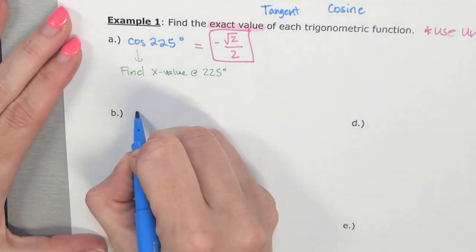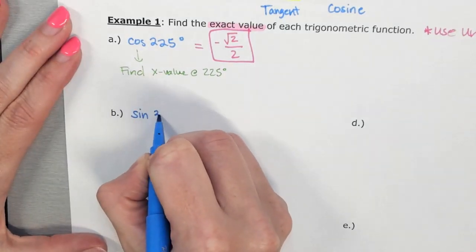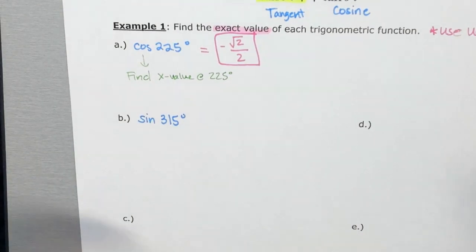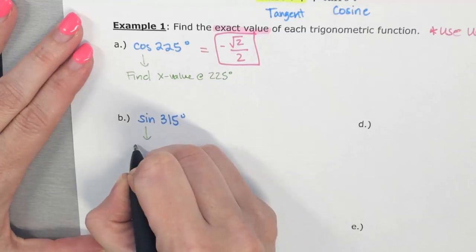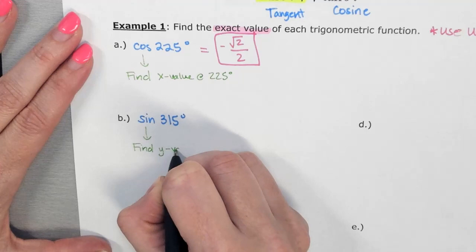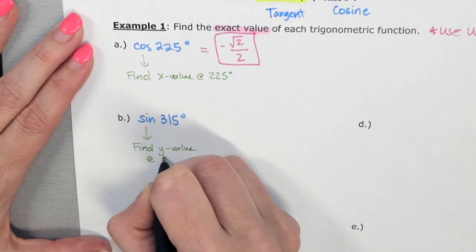For part B, we're going to find the exact value of the sine of 315 degrees. If it's the sine value, we just said how the sine is the y. So we're going to find the y value at 315.